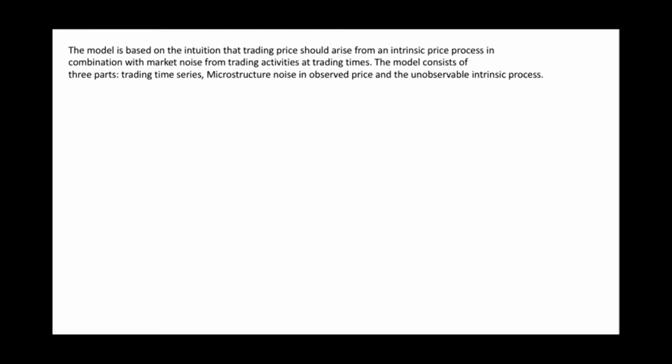And this slide talks about the intuition of what's going on here. The model is based on the intuition that trading price should arise from an intrinsic price process in combination with market noise from trading activities at trading times. The model consists of three parts: trading time series, microstructure noise and observed price, and unobservable intrinsic process. To break that down, the trading times are not regular.